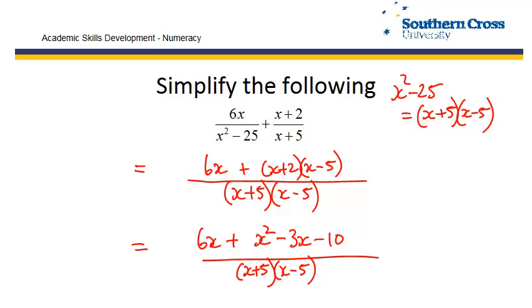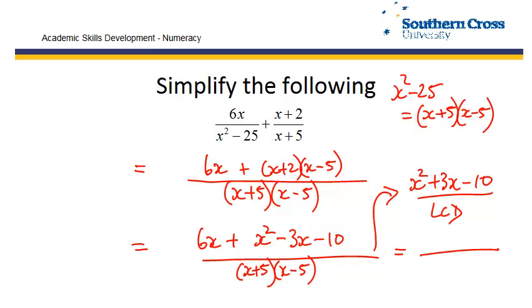So, after we collect those like terms, this will give us x squared plus 3x take away 10 over our lowest common denominator, and the top line will factorise to x plus 5 x take away 2, which is on x plus 5 x take 5.